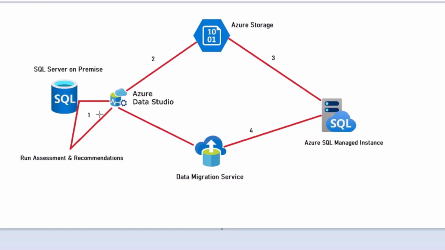And then we're going to continue backing up transaction logs, restoring them as we continue until the date where we want to do the cutover. We will use the Azure Data Migration Service and basically stop the connectivity to the SQL Server on-premise, flip the switch, and make this the primary and cutover. So let's get to it and see how it's done in Azure.